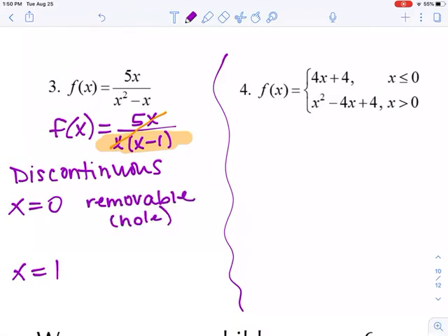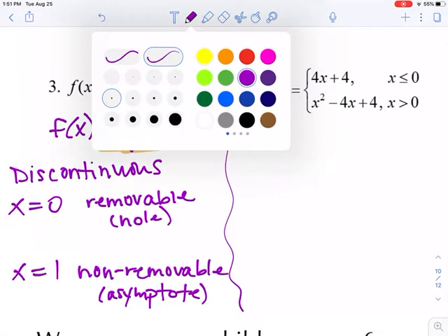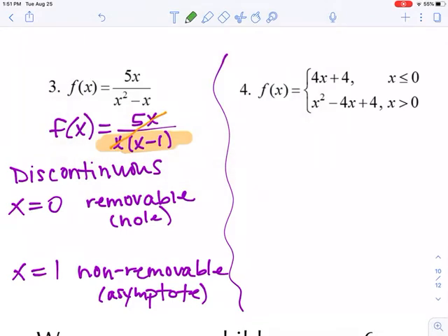Now, since x equals 0 is where the hole is, this is considered a removable discontinuity because there's a hole. X equals 1 is our asymptote, so this is a non-removable discontinuity. You don't have to write asymptote and hole. I'm just trying to give you some things to look at, okay?